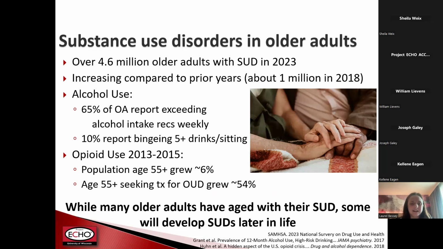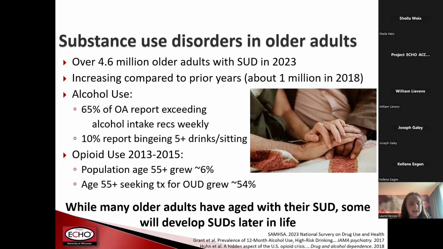The more recent SAMHSA National Survey on Drug Use and Health showed 4.6 million older adults with substance use disorder in 2023. So this population is definitely increasing. For alcohol use, 65% of older adults reported exceeding the alcohol intake recommendations weekly, and about 10% reported binge drinking, 5+ drinks per sitting. So for someone 65 and older, that's quite a lot.